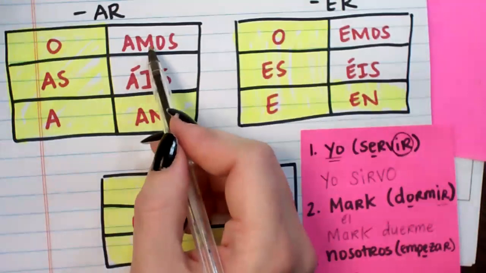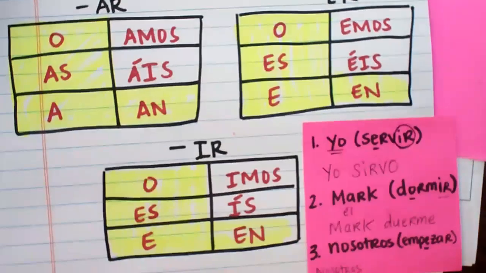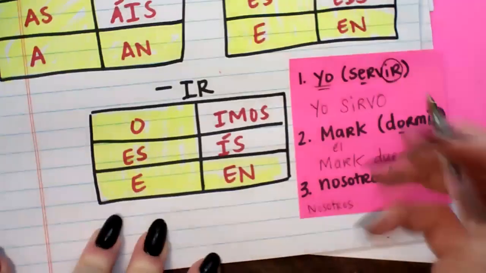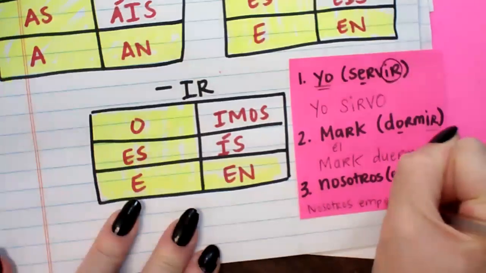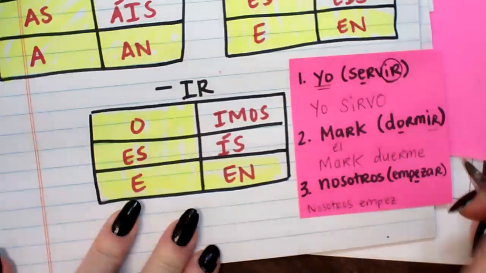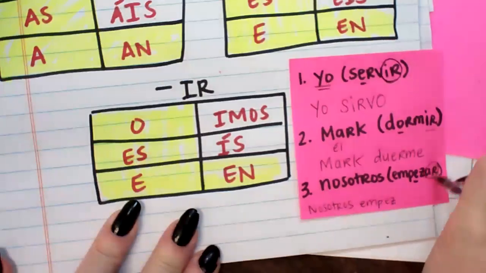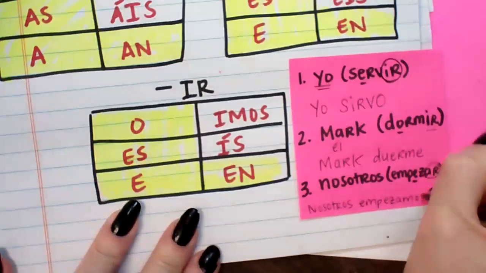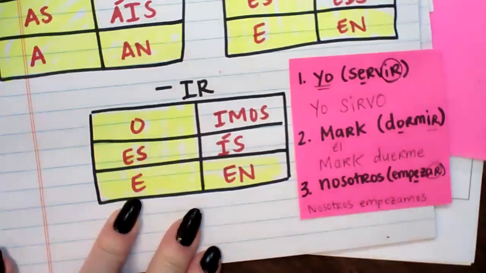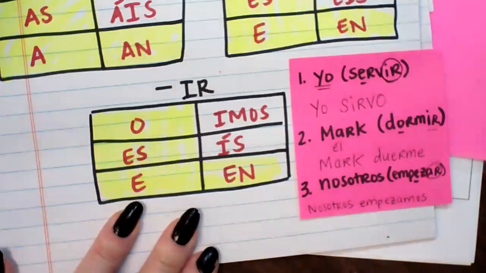That's outside of the boot, so it is not going to receive a stem change. So we don't change anything except our AR ending. We're going to replace that with amos. Nosotros empezamos. Okay.